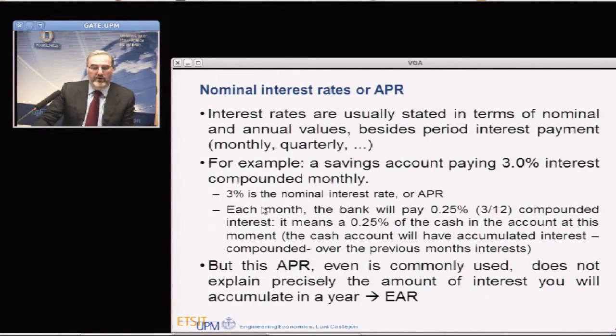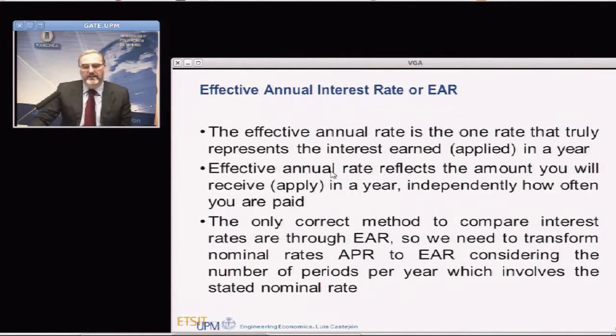The annual percentage rate of 3%, which is commonly used, does not explain precisely the amount of interest you will accumulate in a year. Which rate describes this amount precisely? The effective annual rate. So what is the effective annual rate, or EAR? It is the one rate that truly represents the interest earned in a year.